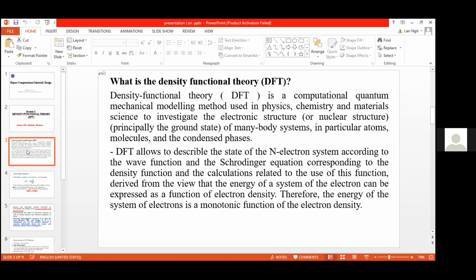That's why we go to the Schrödinger equation corresponding to the density function and the calculation related to the use of this function.